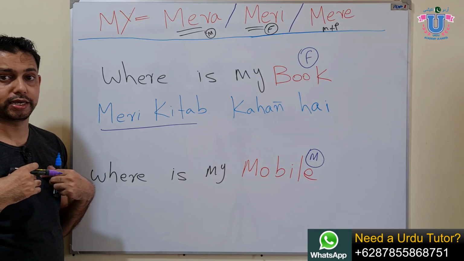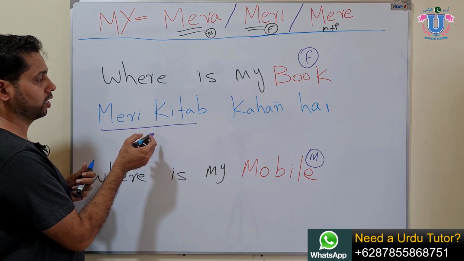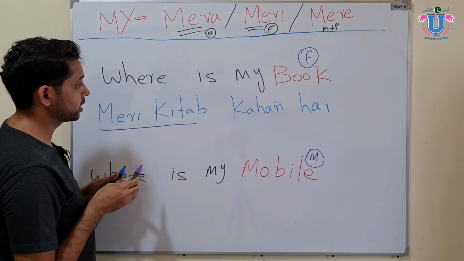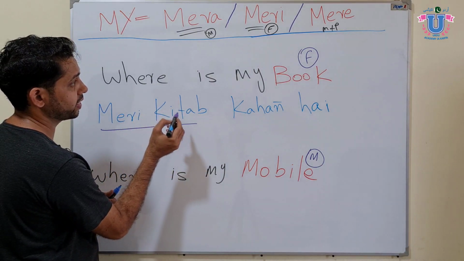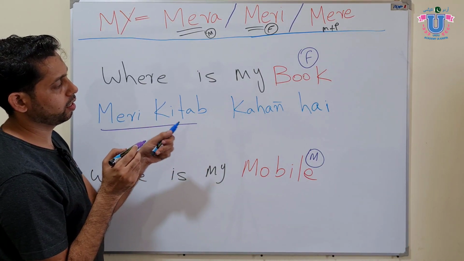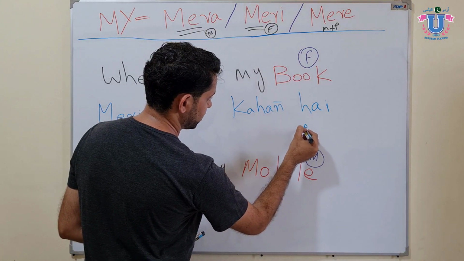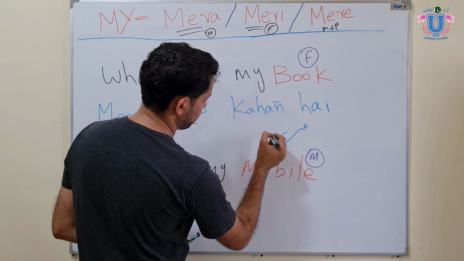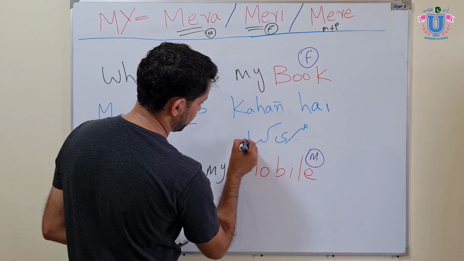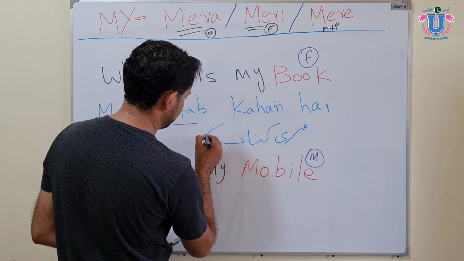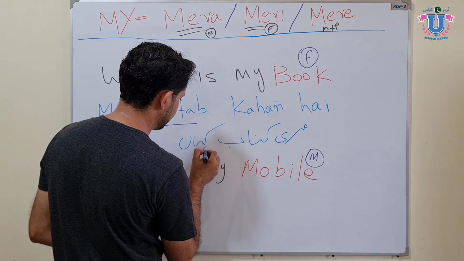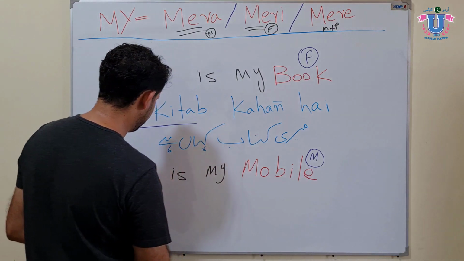Let's say I'm talking here, I will still use meri kitab because the kitab is feminine, so we use meri kitab. Okay, meri kitab kahan hai? You will say meri kitab kahan hai?